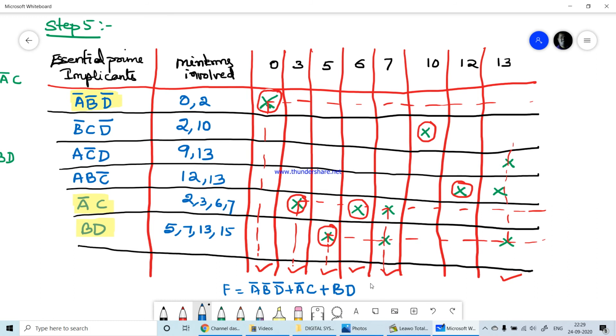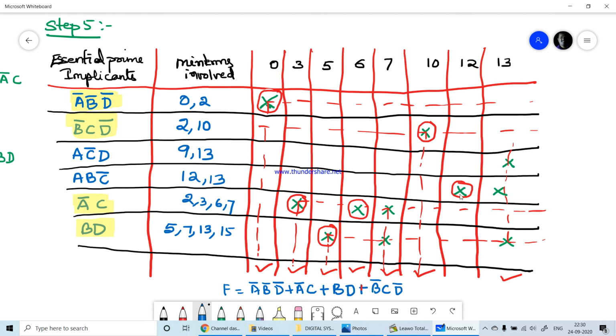Now the next cross which I have is this cross. I will go vertical and then horizontal. It is not meeting any other cross, therefore I will tick only this. Therefore I will write in my expression B bar C D bar.